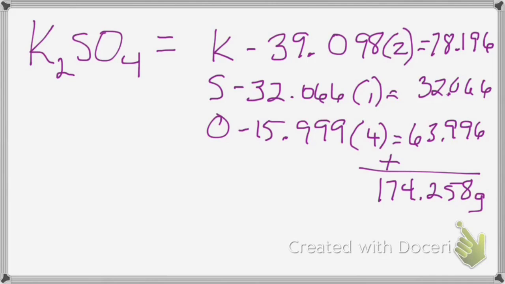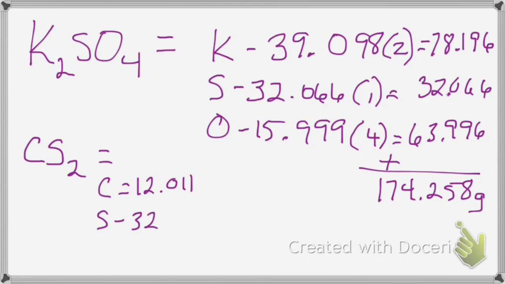Yeah, because it's still just basic math. Okay, very good. Okay, so our next one is CS2. Okay, so carbon is 12.011. And then S, we already actually looked up. 32.066.